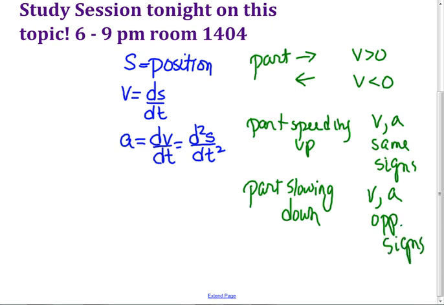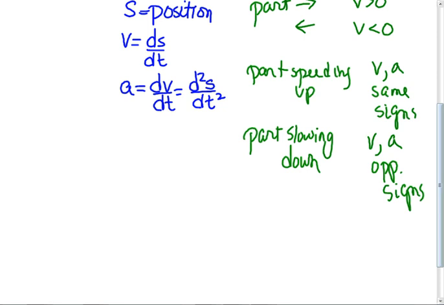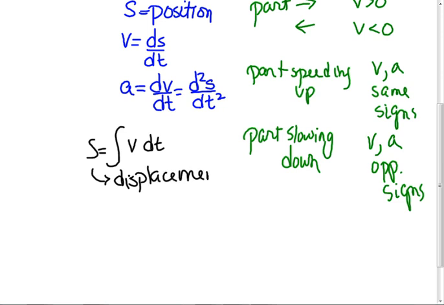How would you, if you were given the velocity, find your position? Your position is the integral of the velocity. Now remember, that's signed area, so that's going to actually give you your displacement. How would you find your distance then?